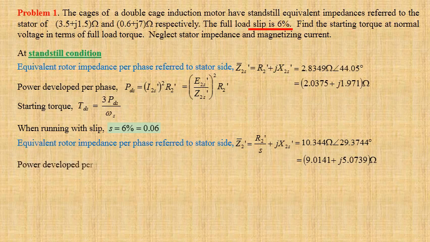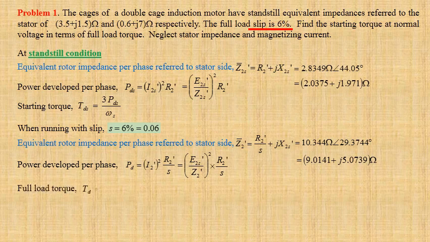Power developed per phase PD equals I2 dash square into R2 dash by S, that is equal to E2S dash by Z2 dash whole square into R2 dash by S. Full load torque TD equals 3 times PD divided by omega S.